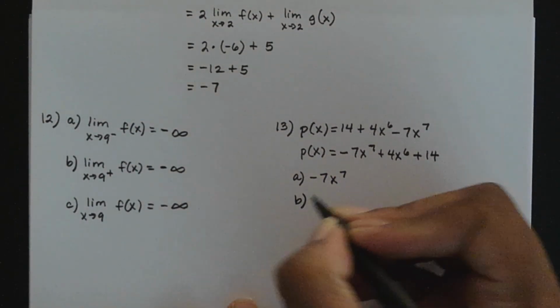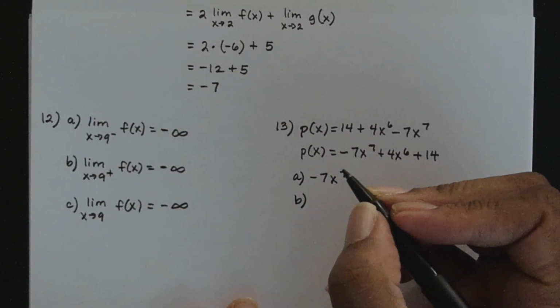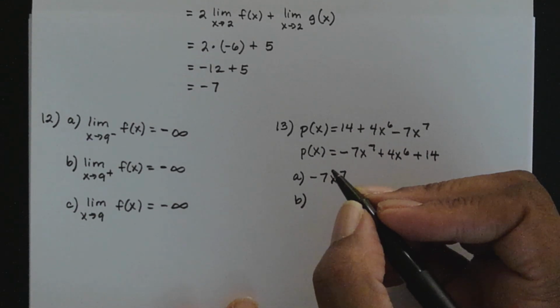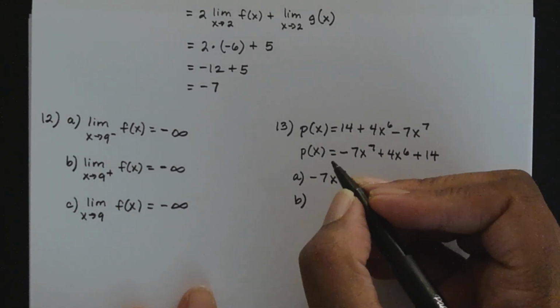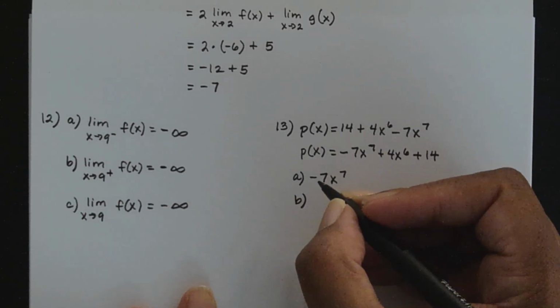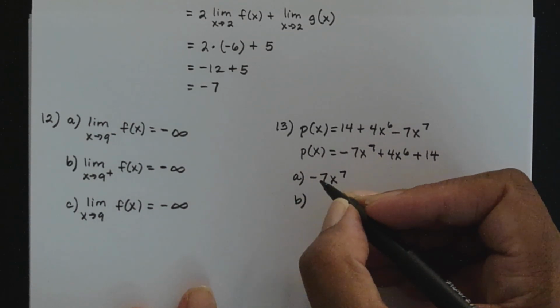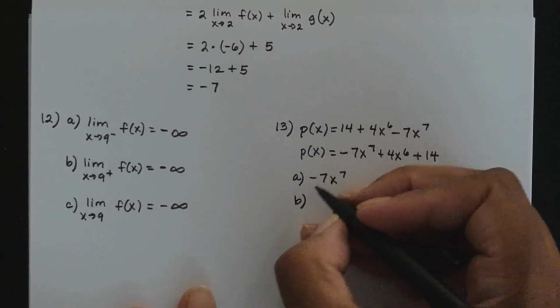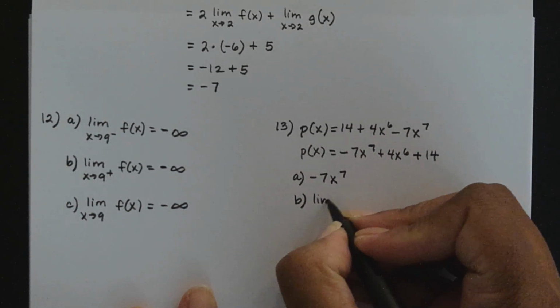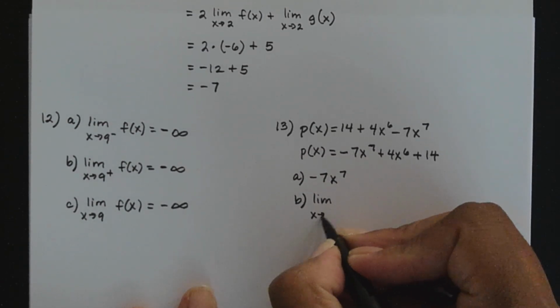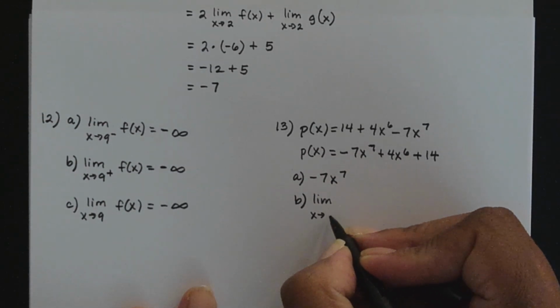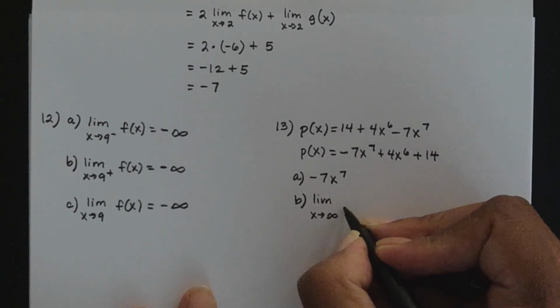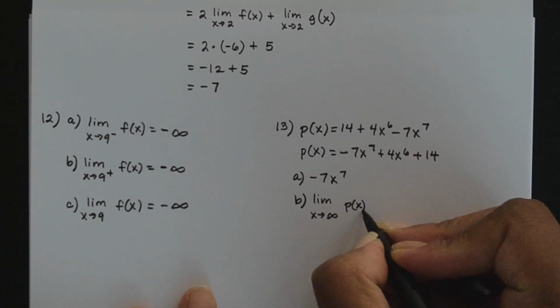And then part B, finding the limit of p of x as x approaches infinity. So limit as x approaches infinity of p of x.